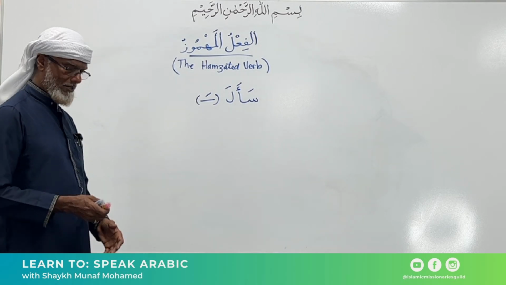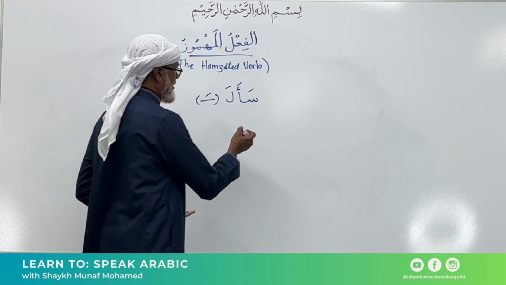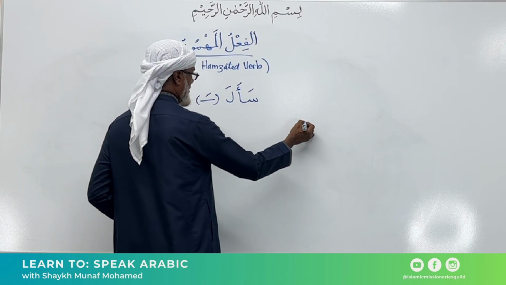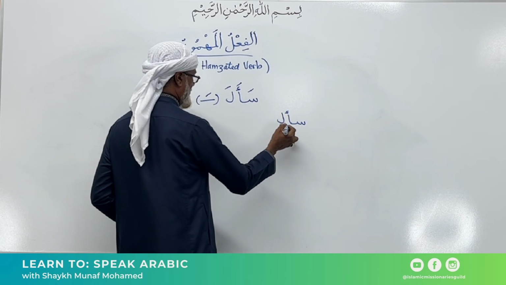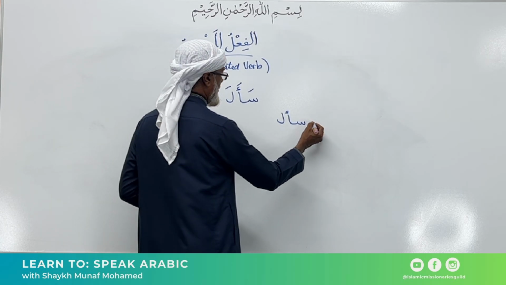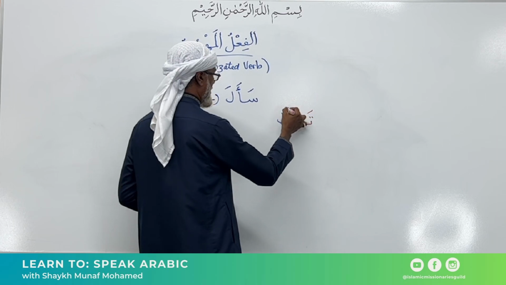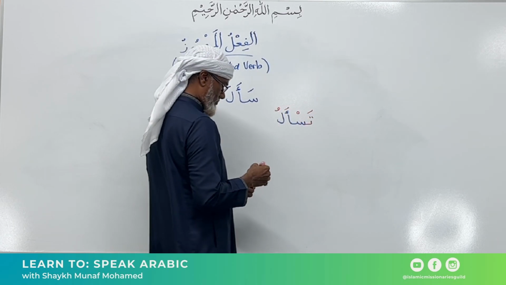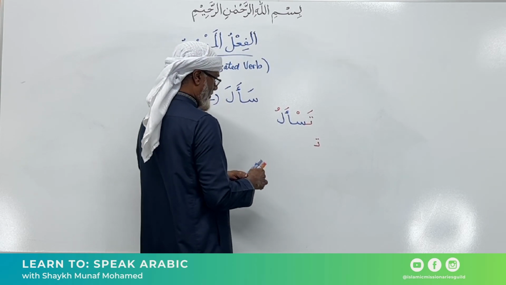Command. We want the command now. All right? So let's look at the command. We have, that's the verb. All right? And then we have tas'alu. And if it is a female, it will be what?